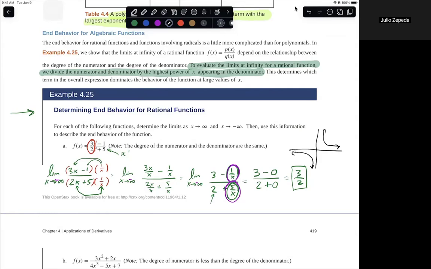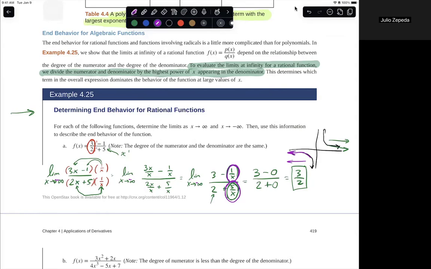As x goes to positive infinity, the function 1 over x goes to 0. As x goes to negative infinity, the function still goes to 0. So those are still zeros. The horizontal asymptote is going to be 3 halves both times.